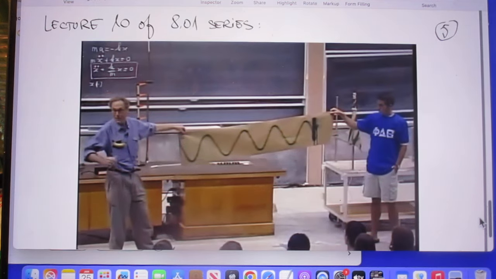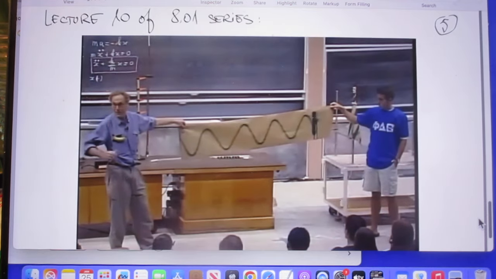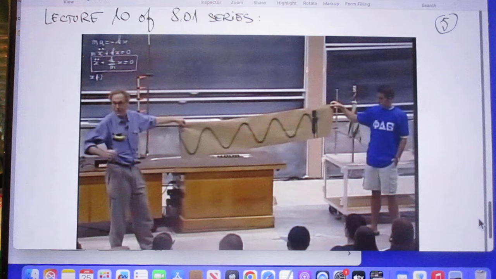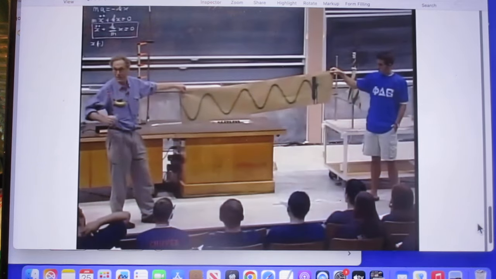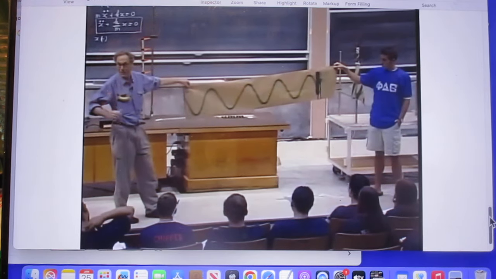And here you see Walter Lewin in lecture 801. This demo that you see here has nothing to do with this problem. But it's very kind of Eugen that he shows this, because what you see here, that is key.